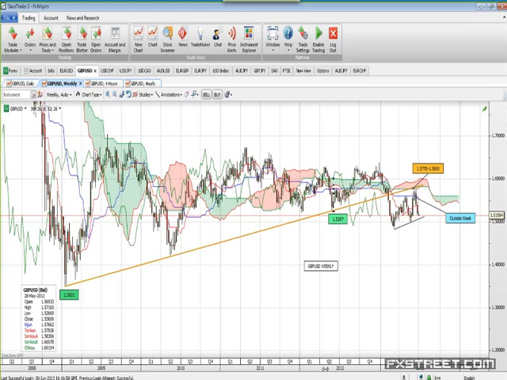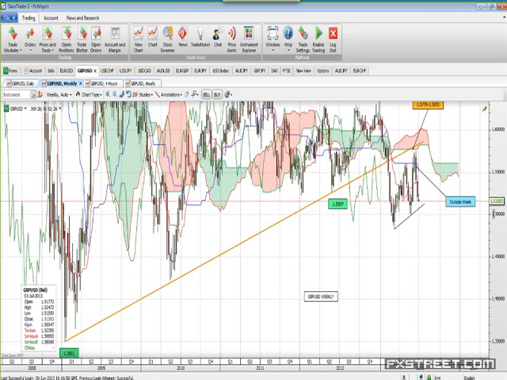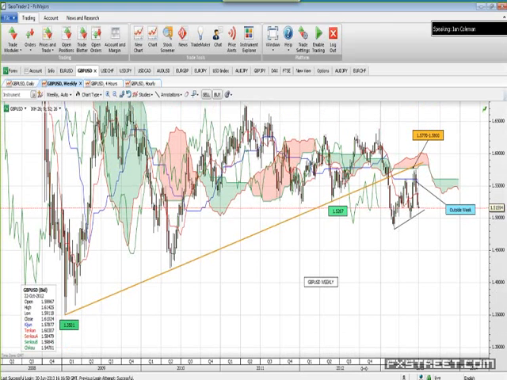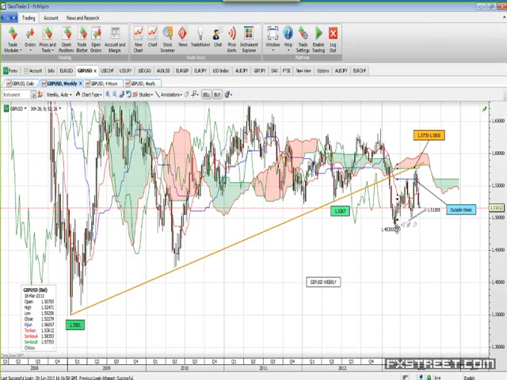Cable. Okay, we had a decent formation here. I'm not going to go too much into past history, but this was actually 78.6% of this move, and it gave us a decent lick to the upside. It was a bullish Gartley formation.